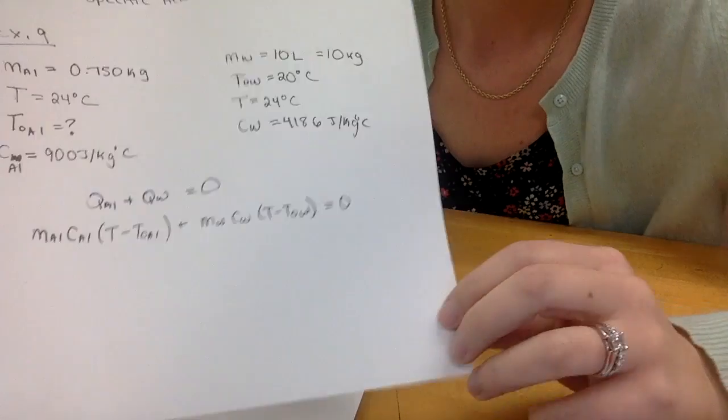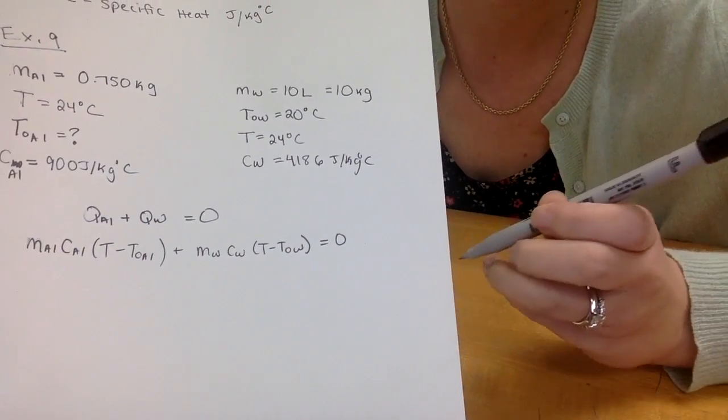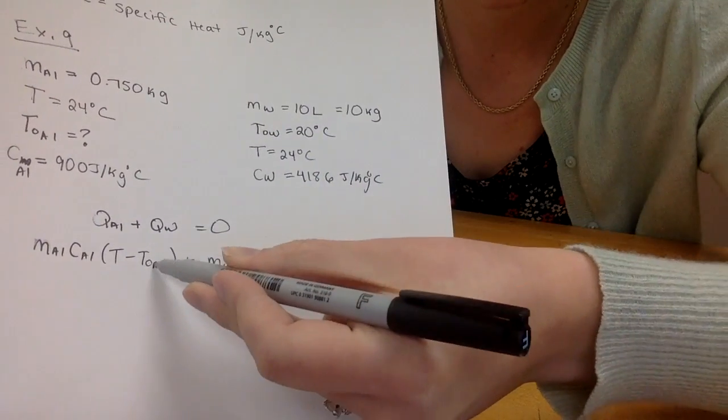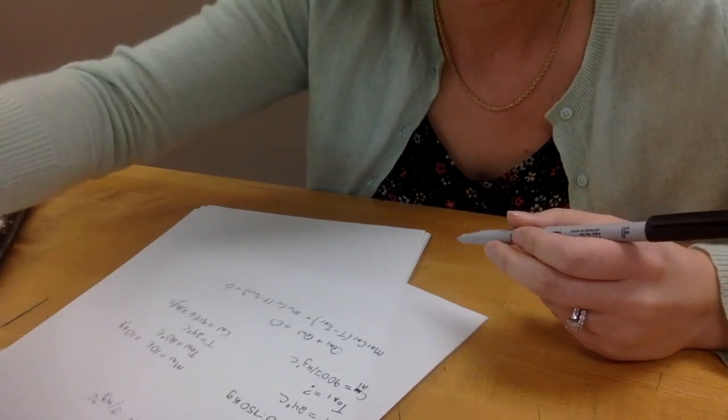I've got my transfer equation there, and we're going to solve for the unknown, which is T naught aluminum. I'll rearrange that, and then we can solve.